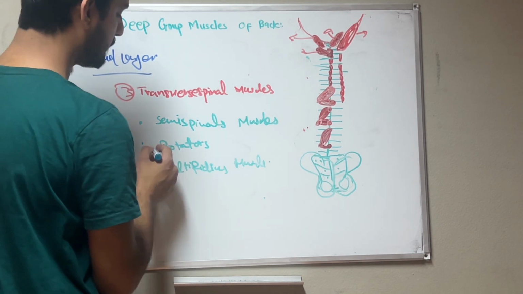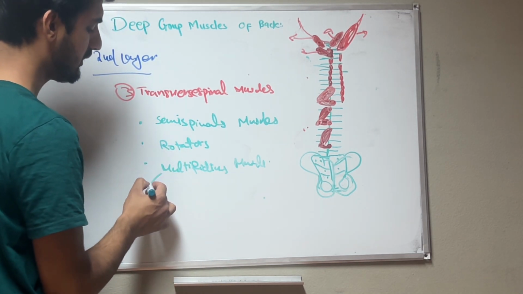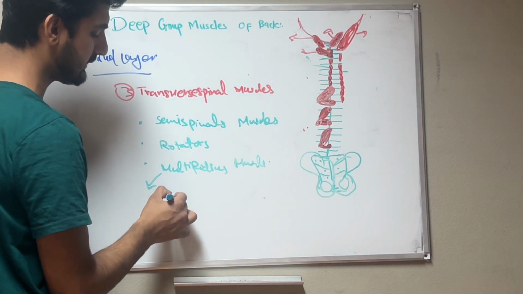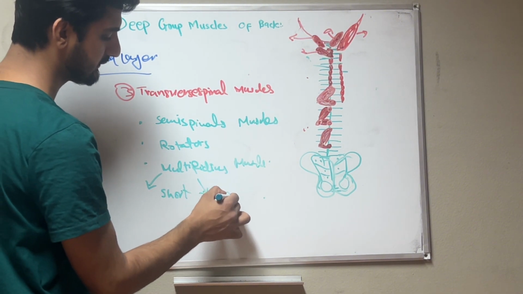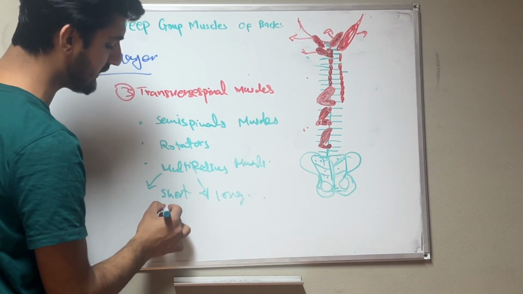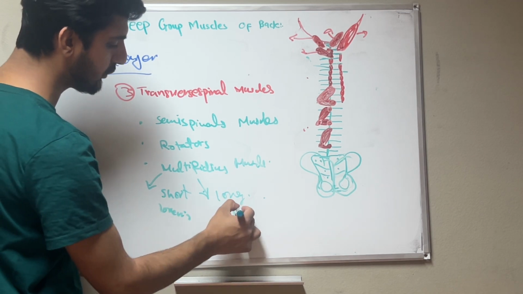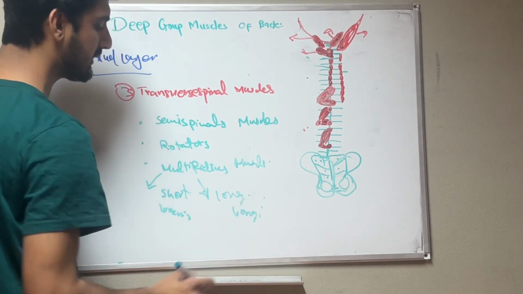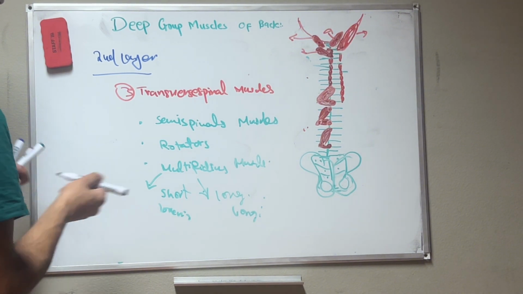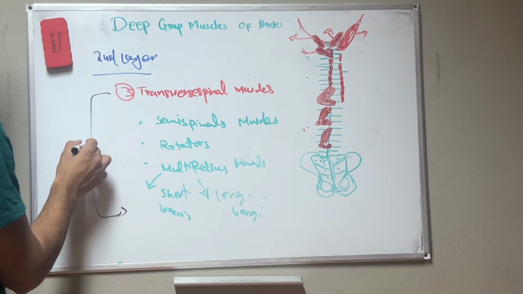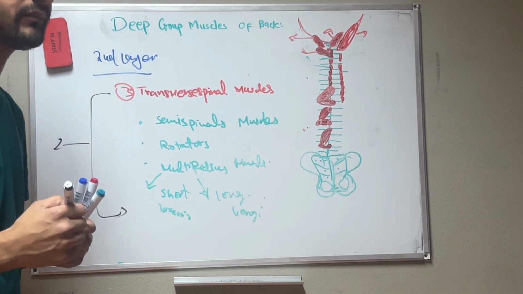Rotator and multifidus have two heads, short and long. In Latin you can say brevis and longi. These are the second layer muscles of the deep back muscles.